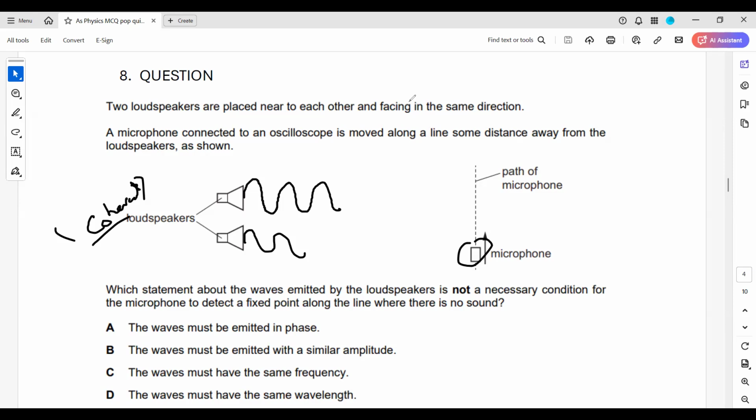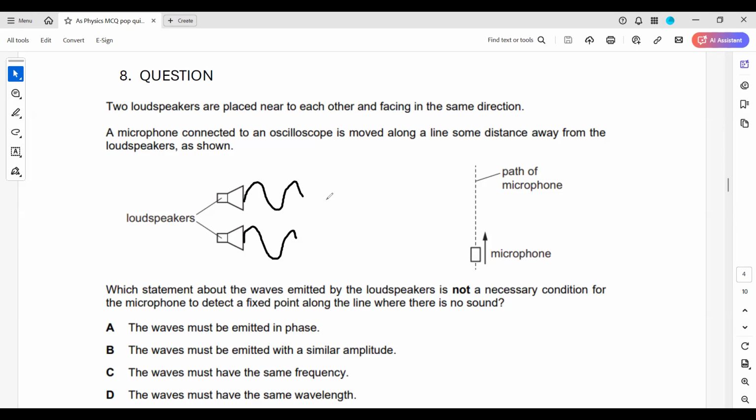There's a difference between a same phase and a constant phase. Same phase means that if one wave is emitting a crest, the other should also emit a crest. But a constant phase relation means every time, if this is emitting a trough, this is also emitting a trough, and if this is emitting a crest, this is emitting a crest. Or every time if this is emitting a crest, the other is emitting a trough. That we call a constant phase relation. So we don't want them to be in phase, we want a constant phase.